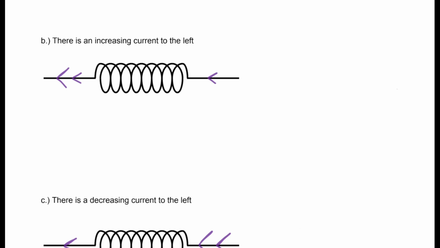So we could think of the inductor as acting like a battery with polarity oriented this way in order to fight that increasing current. And if we were to label the terminals of the inductor as positive and negative, we could label this end as positive and this end as negative, because again, it would attempt to send a current through the right through the inductor to try and reduce the increase.